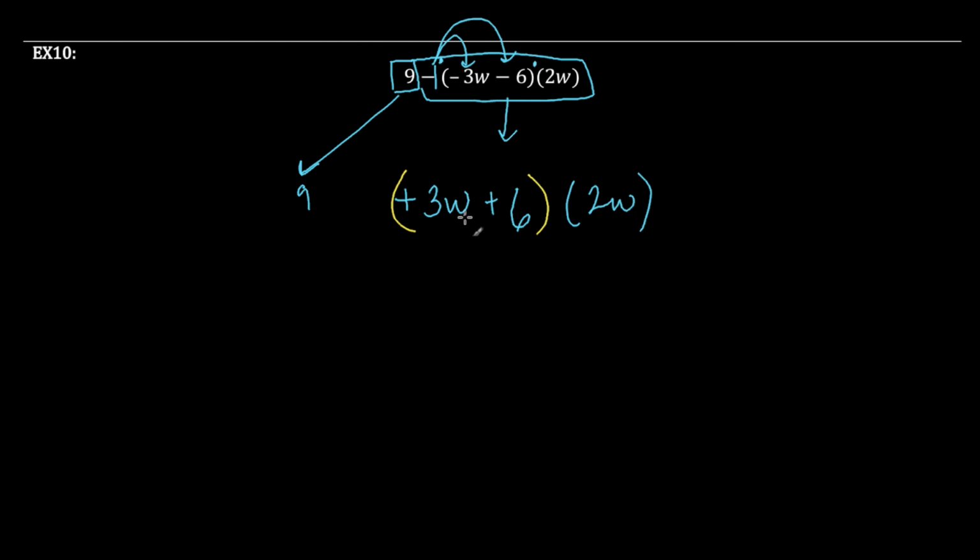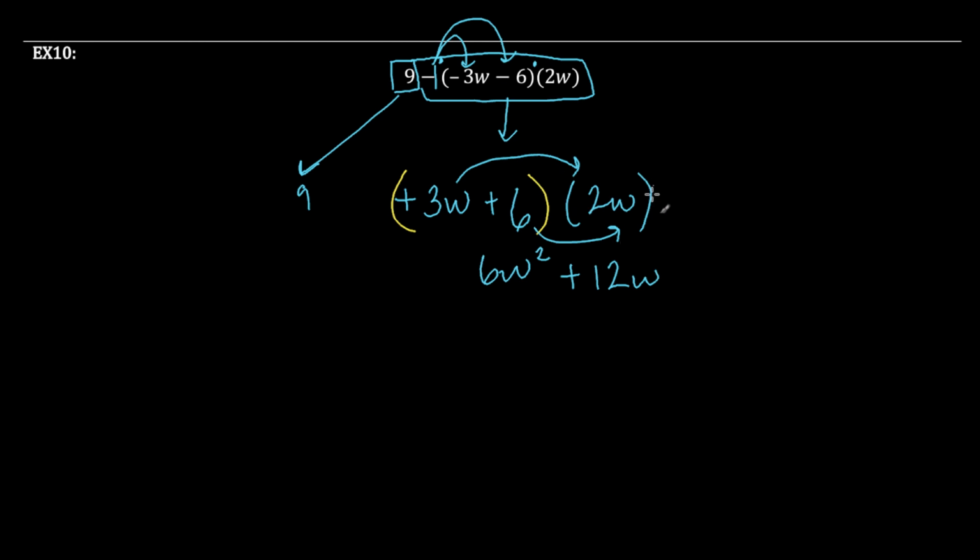I multiplied once, and now I have to multiply that second time. So a positive times a positive is a positive 6w. 3 times 2 is 6. W times w is w to the second power. Okay, so a positive times a positive is a positive. 6 times 2w is 12w.